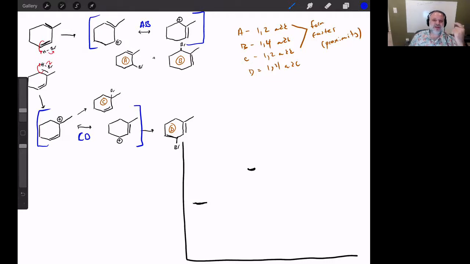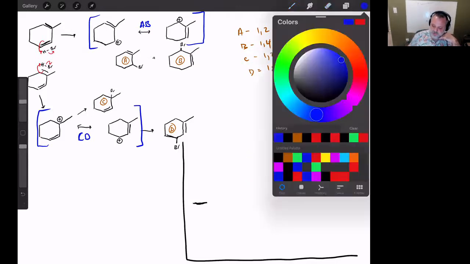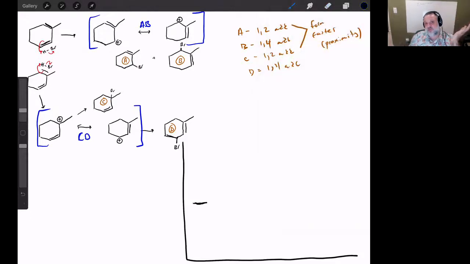But in AB, it's only secondary and allylic in both cases. How do you know right now which one of these is lower in energy? Did I put the blue one for CD in the right place? How would you know? And the bottom line is you probably wouldn't.